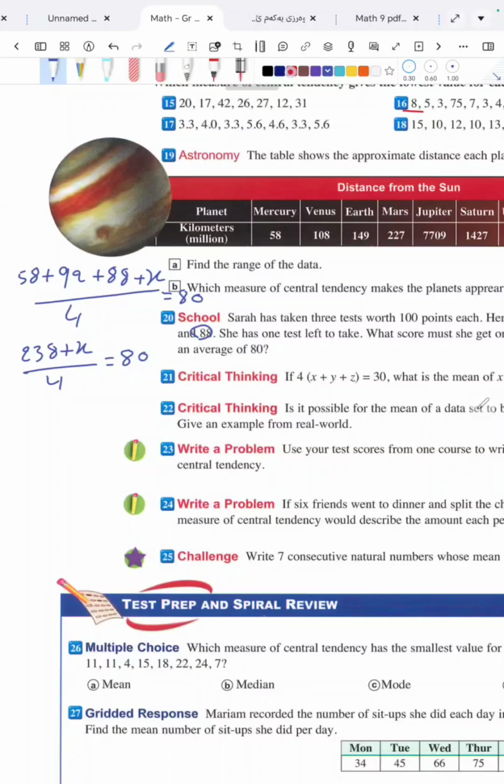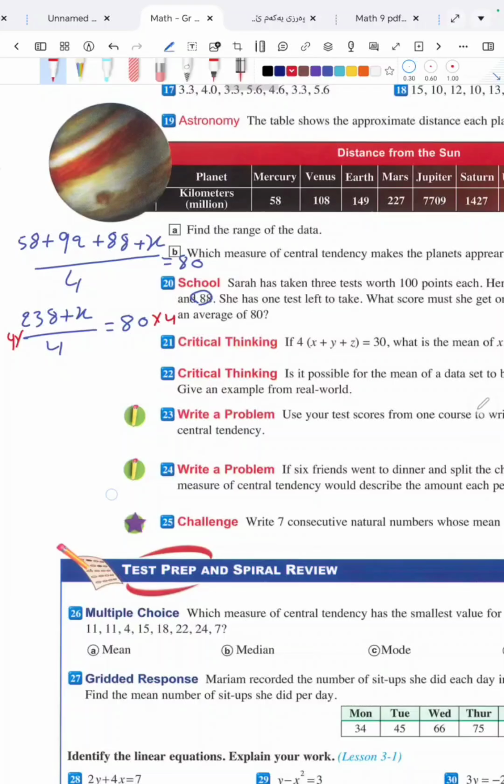How to get rid of 4? Multiply by 4, multiply by 4. So 4 and 4 cancel each other. 238 plus x equals 320, because 80 times 4 equals 320.